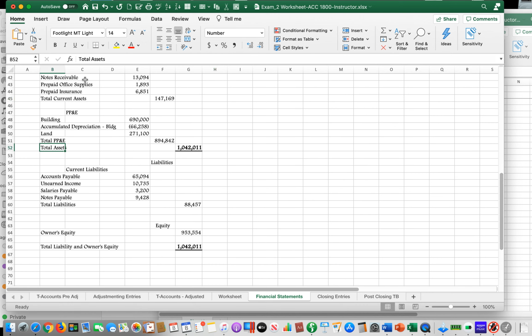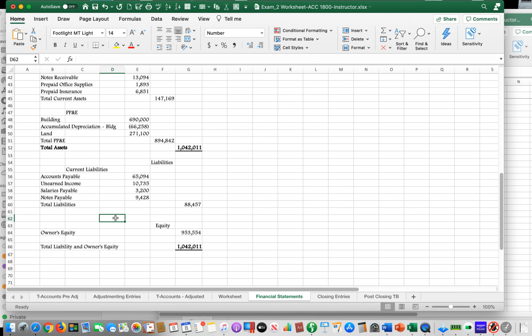Now, let's take a look at the current liabilities. All the liabilities here are current. Sometimes you're going to have long-term liabilities, which are liabilities that take longer than a year to pay off. But all these are payable within a year, so they're all current.